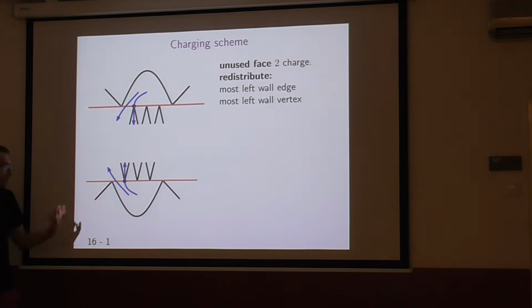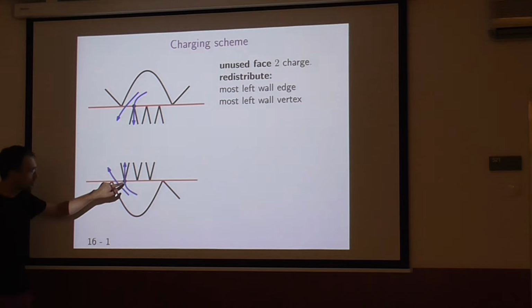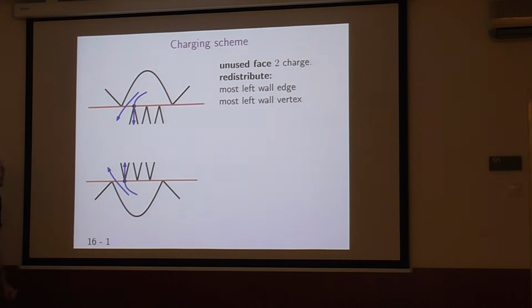And we have there made up a simple rule. We just said, okay, one charge will be sent to the leftmost wall edge, and one charge will be discharged via the leftmost or the penultimate leftmost, or maybe the second vertex on the wall. So I guess it's easy to see on the picture, right?